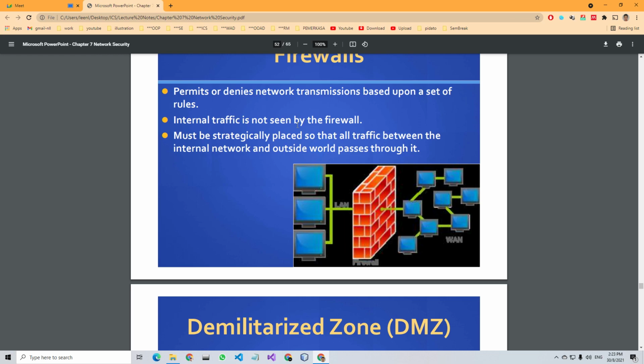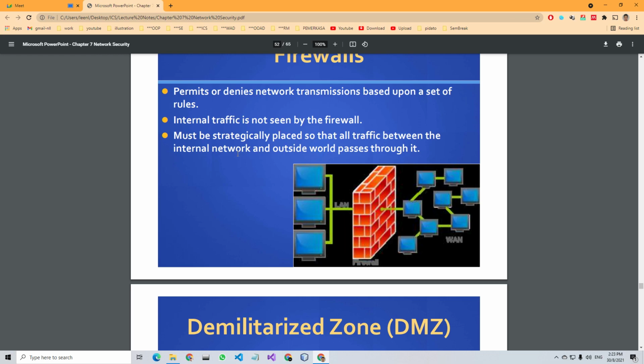Firewall hardware is a network security device used to monitor incoming and outgoing network traffic and then decide whether to allow or block specific traffic based on the security rules in the firewall settings.